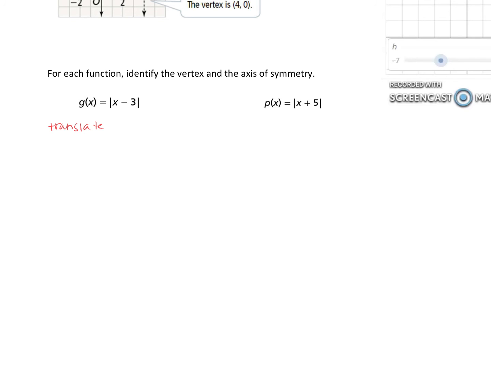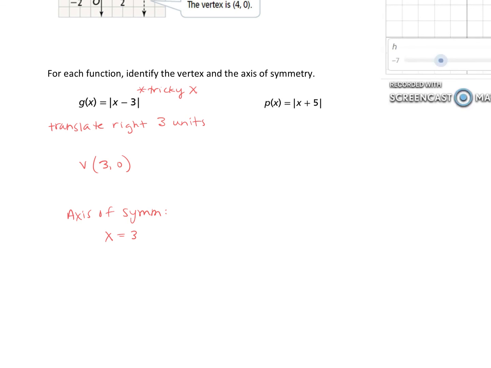Because it's a, let's make a note, tricky x, it says minus 3, we're going to translate to the right 3 units. That's going to move your vertex to the right. So our vertex now is at 3, 0. And then that axis of symmetry also shifted along with the vertex. So now our axis of symmetry is at x equals 3.